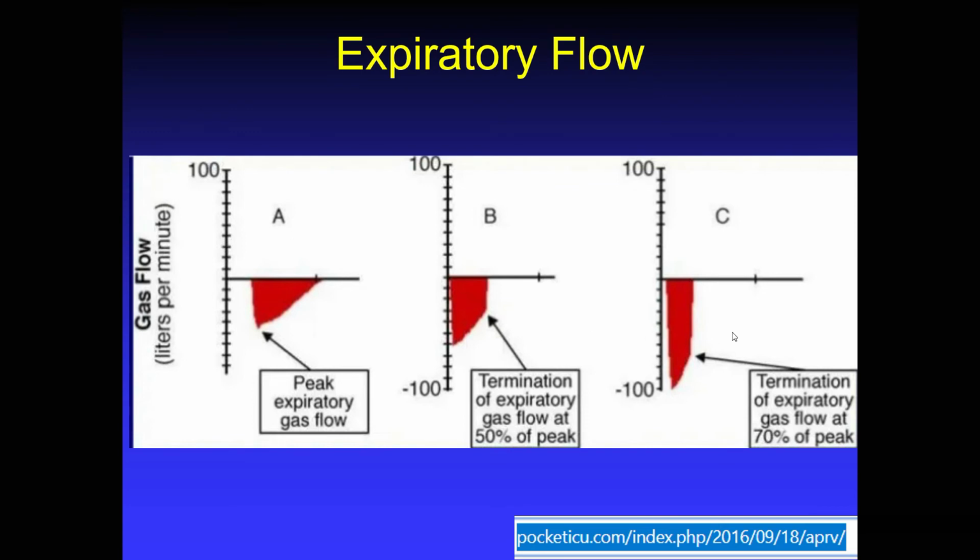If you terminate the expiratory gas flow at around 70 to 75%, you get more of this rectangular shape. And this is really what you want to see with most ARDS patients and most restrictive lung pathology patients, but we're talking primarily about utilizing APRV here with ARDS. So this is typically the expiratory flow rate pattern that you want to see.